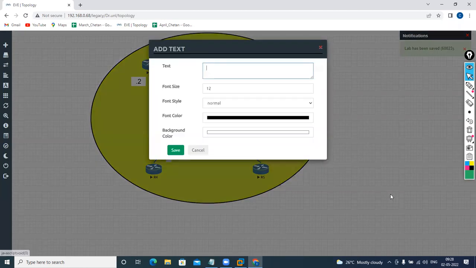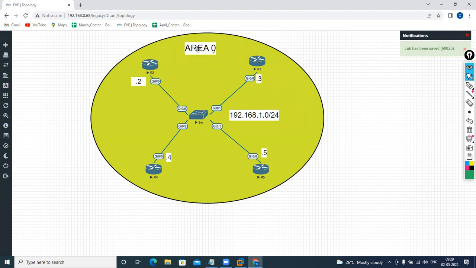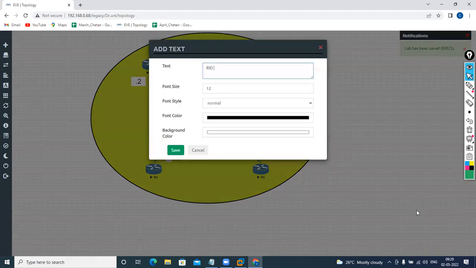So area 0. Let us consider the router IDs. R2 will be 2.2.2.2.